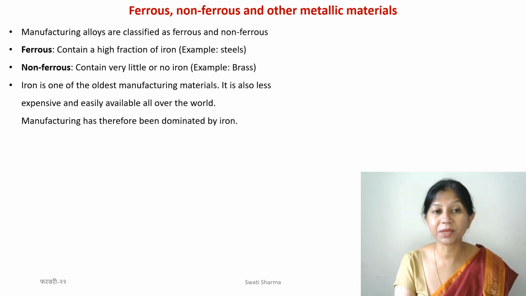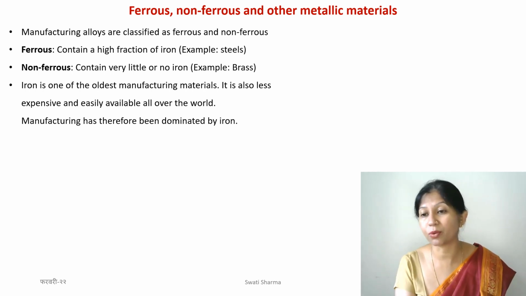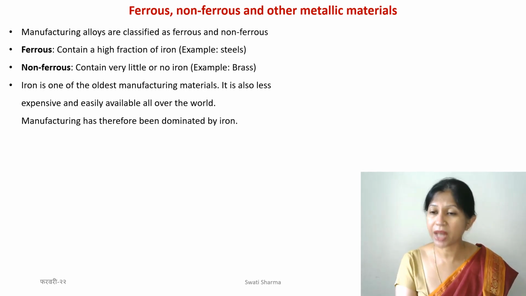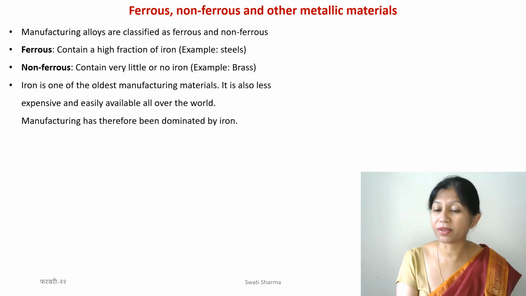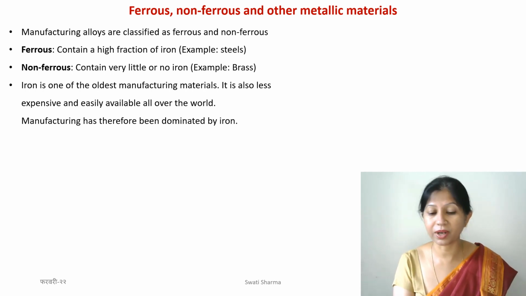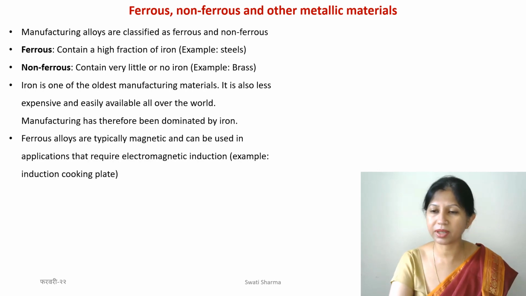So this material has a lot of compatibility with the manufacturing equipment. Now, of course, from iron we moved on to many other alloys and other metals as well, which are of a similar type when it comes to their processing. But iron still remains very important. That is why ferrous non-ferrous is an important classification.